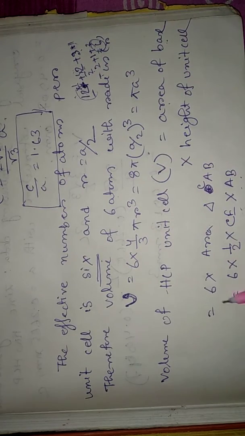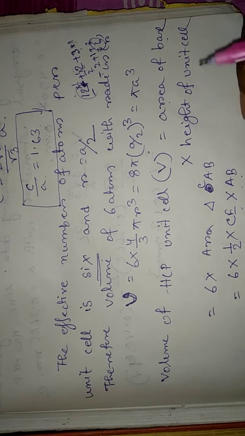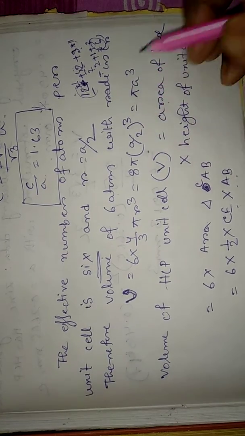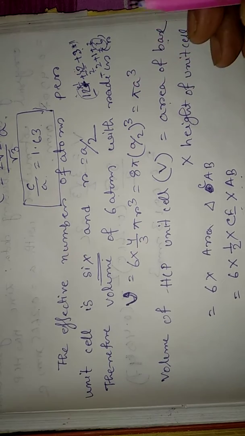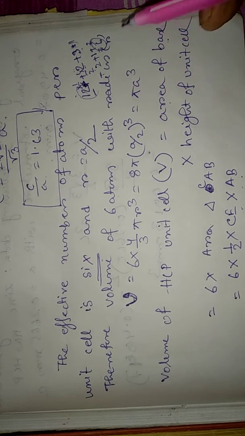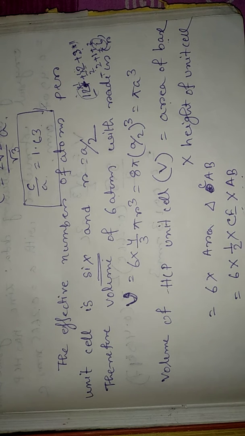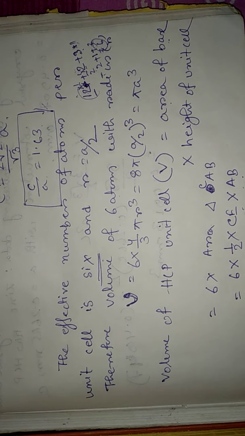Now the volume of the HCP unit cell. As you know, the atomic packing factor is equal to the total volume of atoms divided by the total unit cell volume.